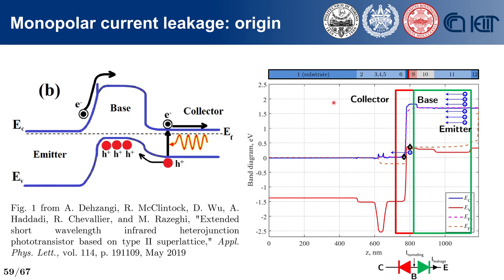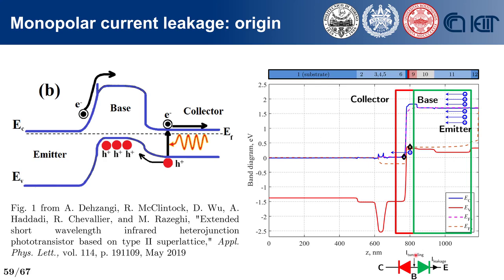This operation recalls that of a phototransistor, where incident light photogenerates a base current which enables an electron flow. Here we have, instead of a photocurrent, a tunneling current, which is used as a base current and amplified.